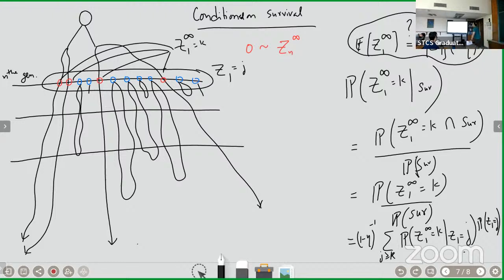Whatever I showed you so far is that, given that there is survival, these first level guys, Z1 infinity, are distributed as P infinity. That much I showed. If you would like to conjecture, you would say that this whole process, the Z infinity process, is nothing but a summation of these X's, where each of them is distributed according to this. Just like how the Zn process is nothing but a summation of these.